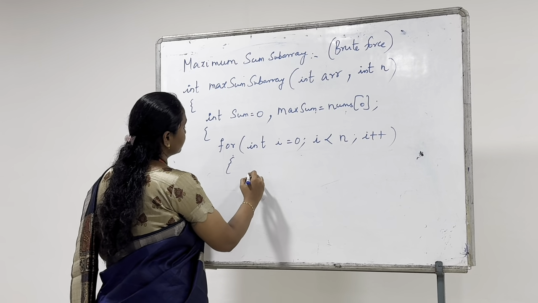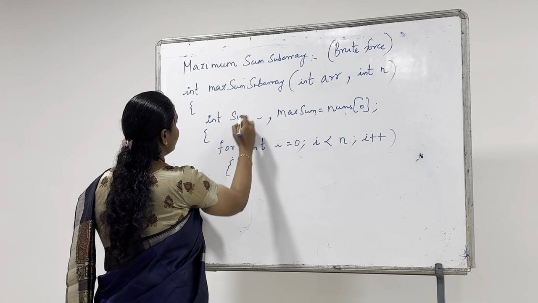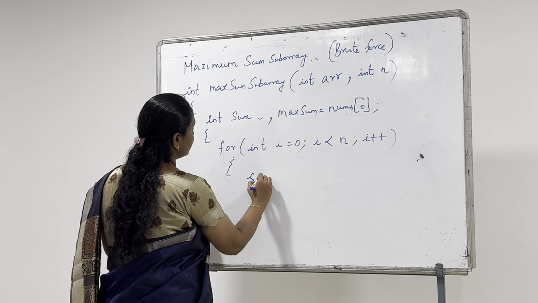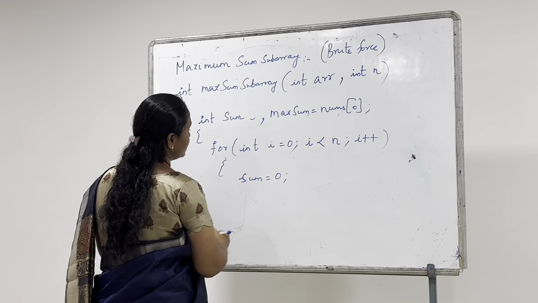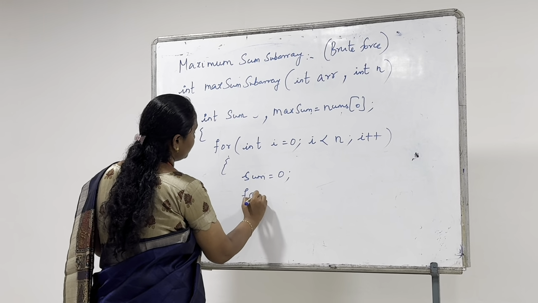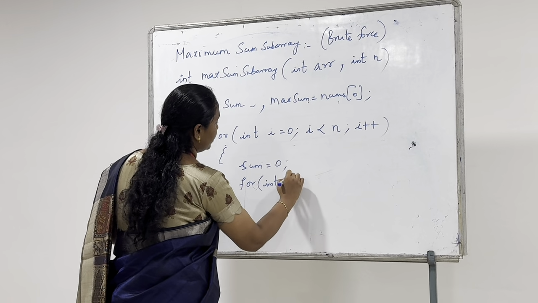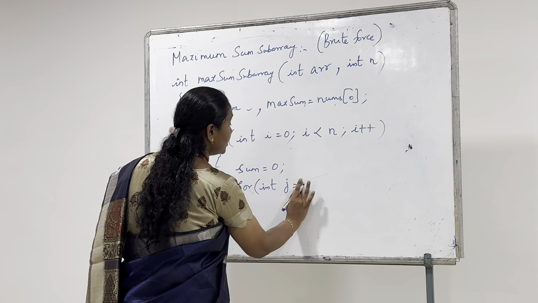And inside that, okay, I just declare the sum, and here the sum is 0, and then I am going to use another loop. Int j is equal to i.